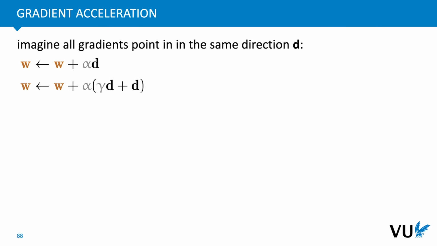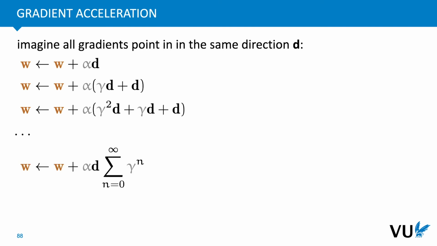And if we get another one after that, it'll look like this. And if we keep going like this, we see that if we take the d out of the sum, we end up with this infinite sum in the limit of gamma to the power of n.